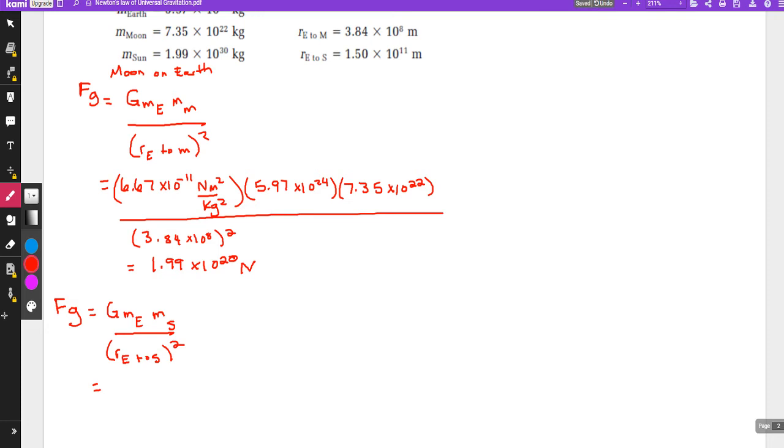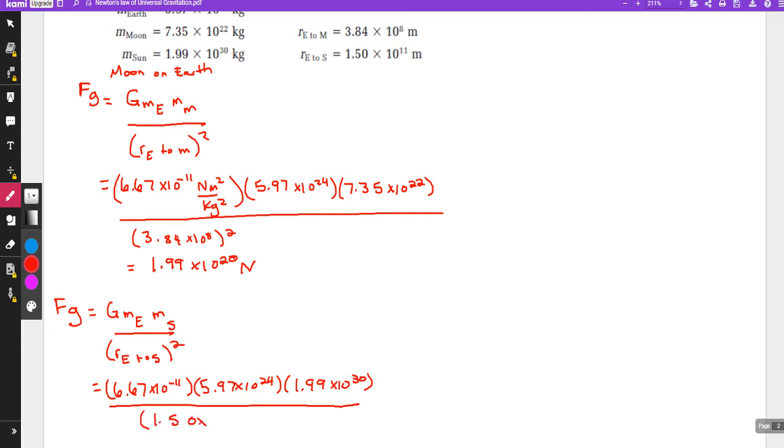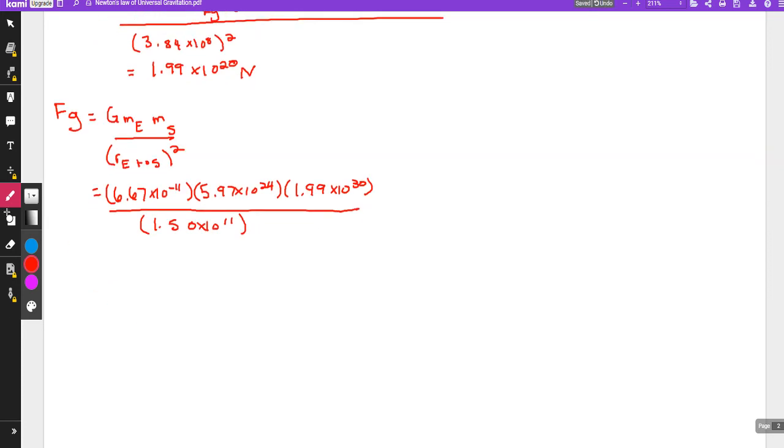Everything's going to stay pretty much the same except for the last one, all over 1.50 times 10 to the 11, which to 3 sig figs plugged into your calculator gives you 3.52 times 10 to the 22 newtons towards Sun center.